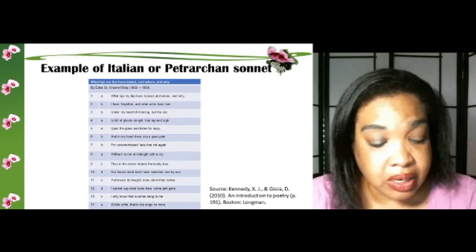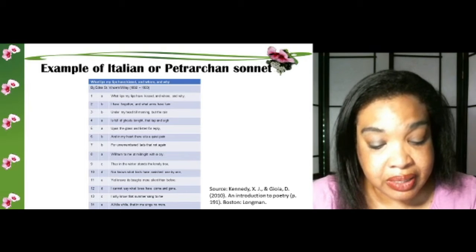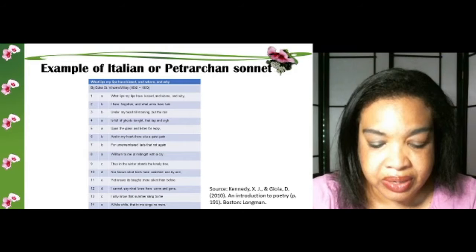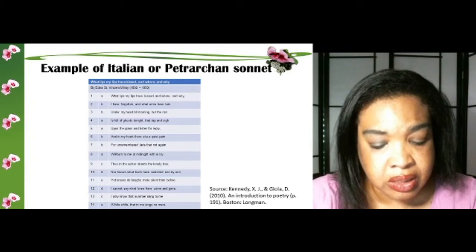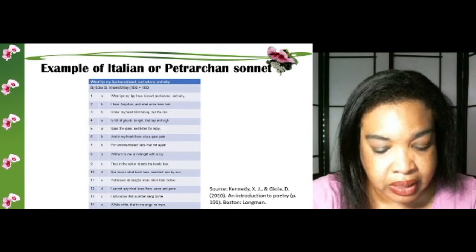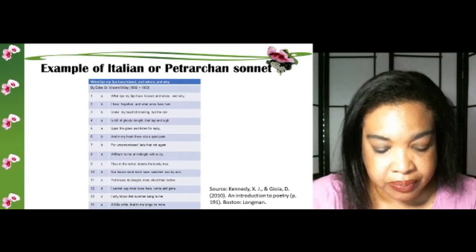The poem is called What Lips My Lips Have Kissed and Where and Why. What lips my lips have kissed and where and why, I have forgotten, and what arms have lain under my head till morning, but the rain is full of ghosts tonight that tap and sigh upon the glass and listen for reply.